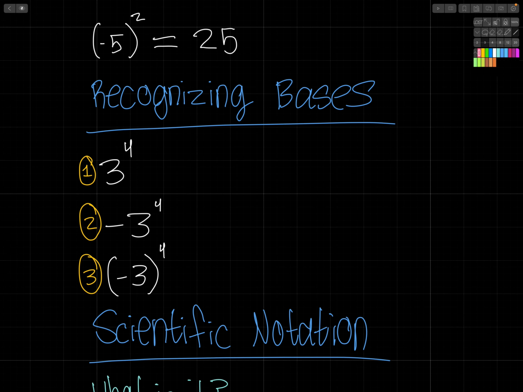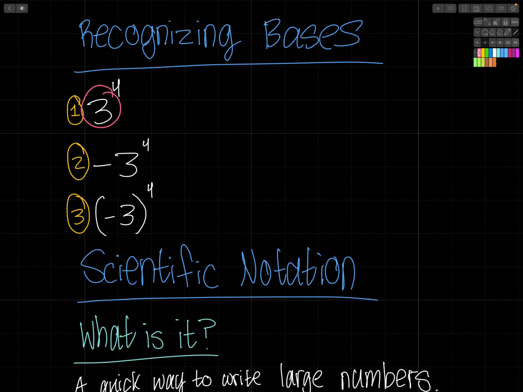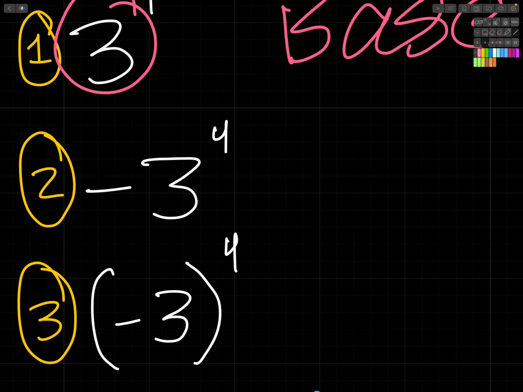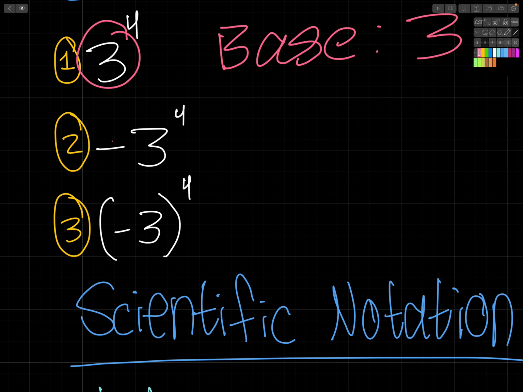Alright, so now let's recognize bases. So here, you can easily tell for number 1, the base is the big number, right? It's 3. Boom. The base is 3. But here, for the second example, we see -3 to the exponent 4. So here, remember we talked about this is not first, right?